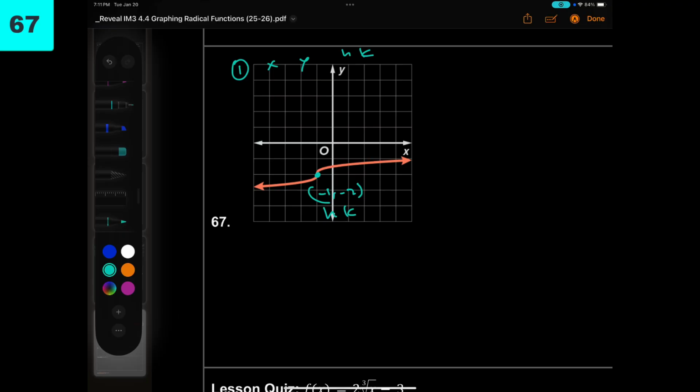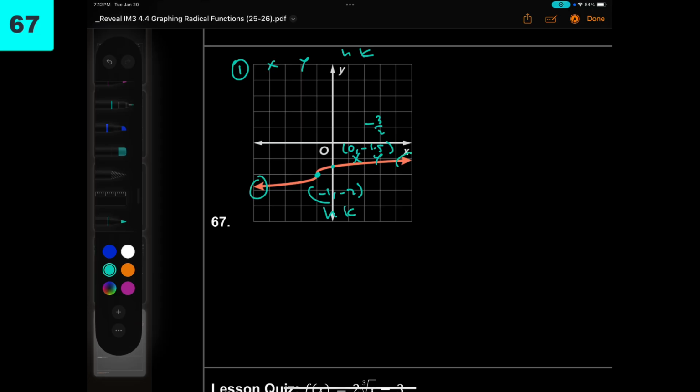Okay, a little bit hard to identify, but maybe we can say that it is 0, -1.5, or -3/2, is our x and our y. Okay, let's see what happens.